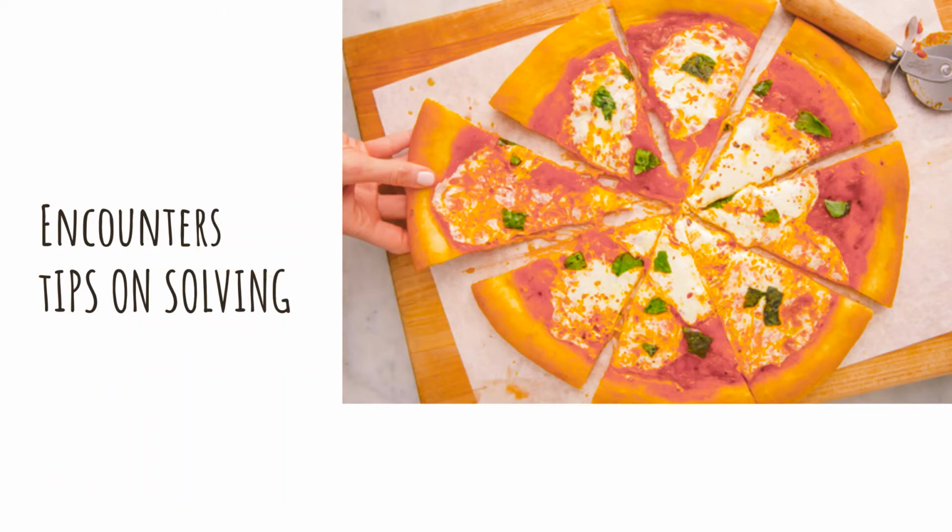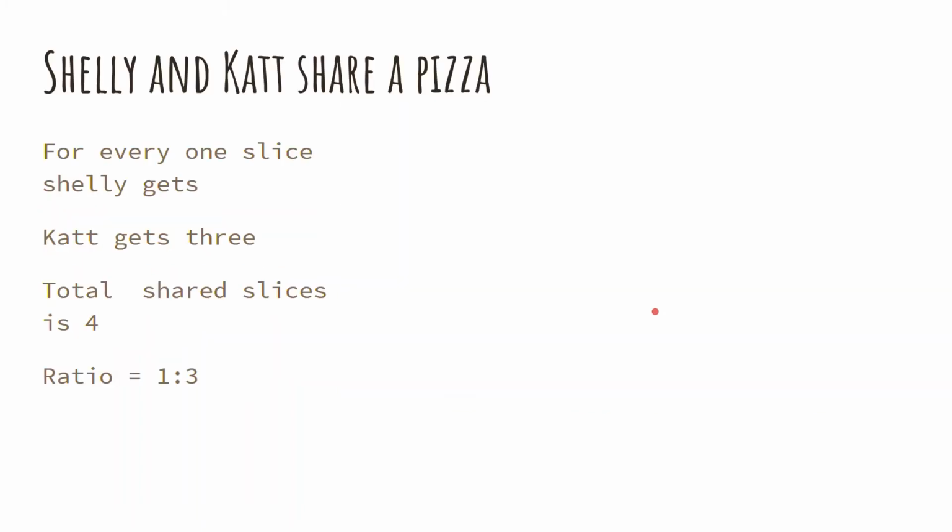Now we're going to look at a scenario where pizza is shared. We now have Shelly and Kat. For every one slice that Shelly gets, Kat gets 3.